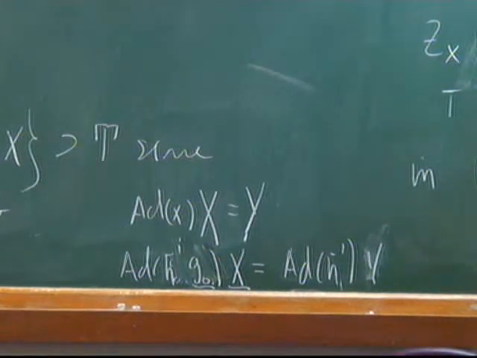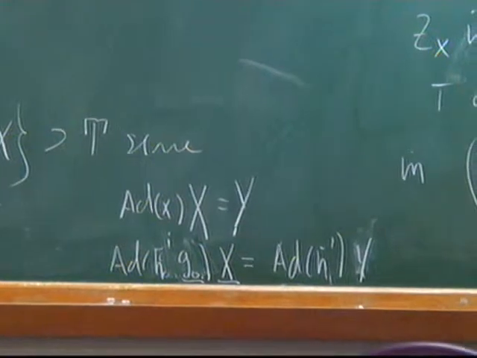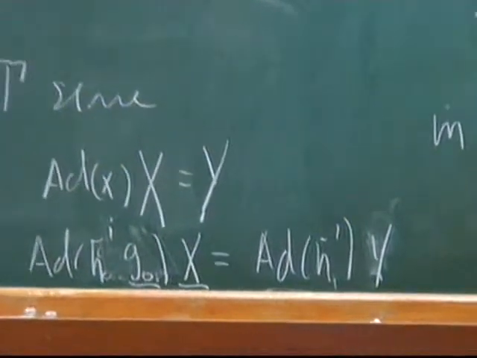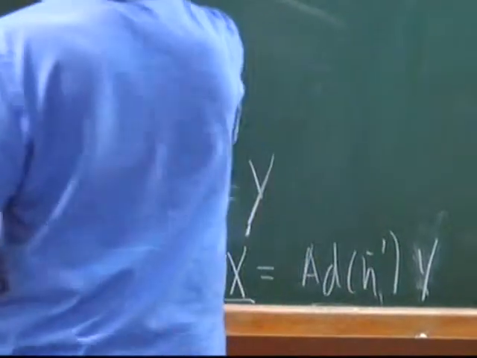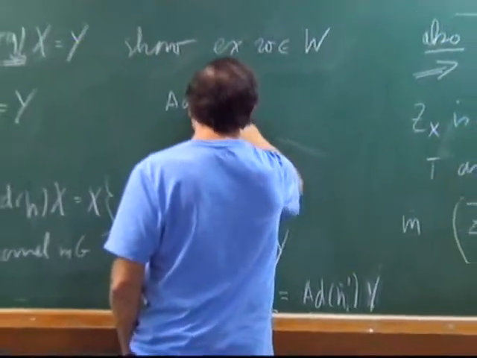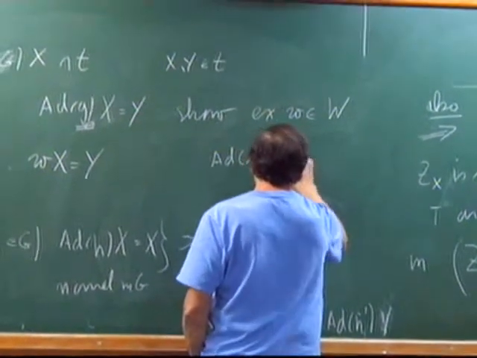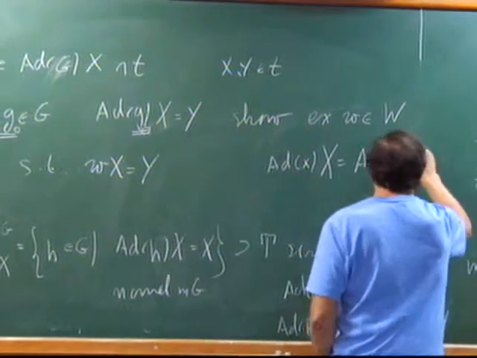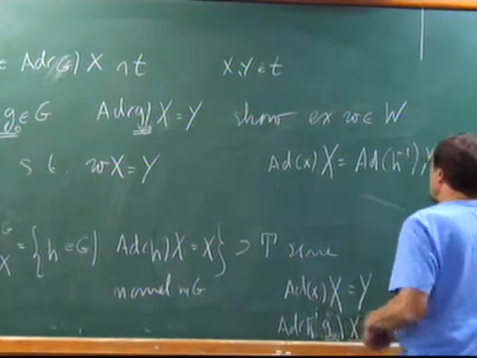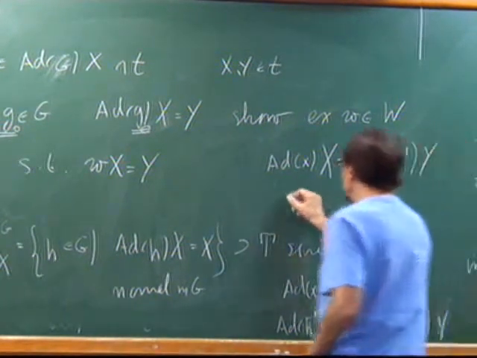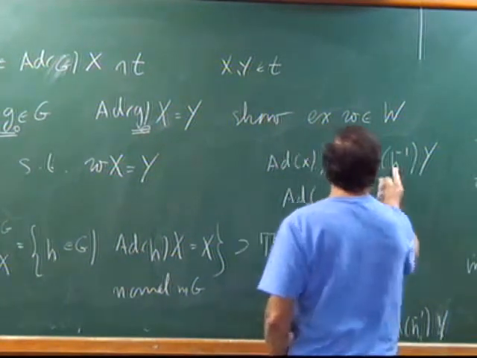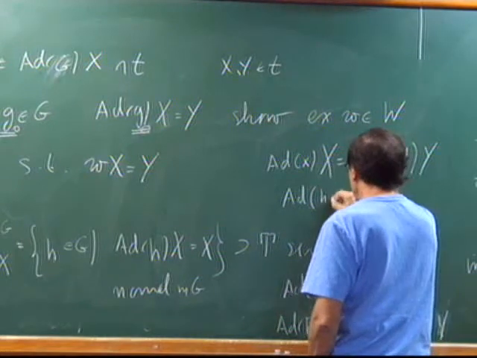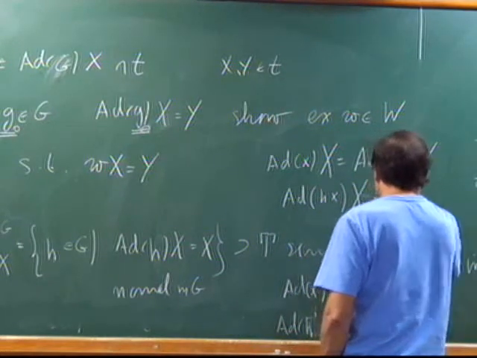So I can put this on the other side. So I get Ad of h x is equal to y.